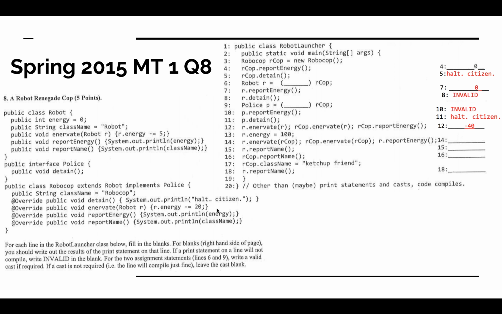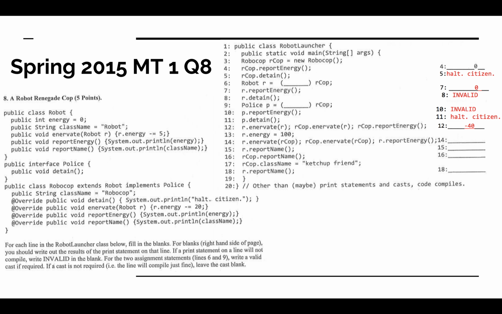Okay. So then we set r.energy equal to 100 in line 13, and then in line 14 we call r.enervate(rcop), rcop.enervate(rcop), and r.reportEnergy. So in this case, what happens now? So what happens when we call r.enervate(rcop)? So r's static type is what?